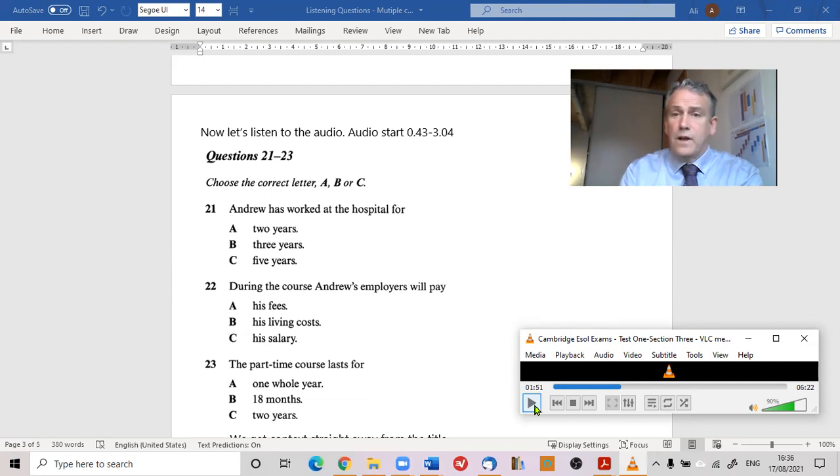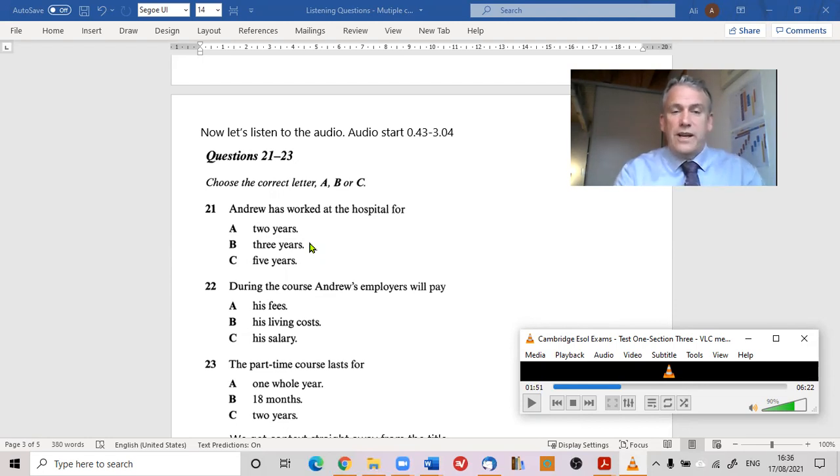So here, she's directly asked him about his work. She didn't use a synonym. She just said, "Are you currently working?" So when he replied, he mentioned all three options. I think he said that he'd worked at the hospital for 3 years. He'd worked for a computer company for 2 years. And so he feels that he has 5 years relevant experience.